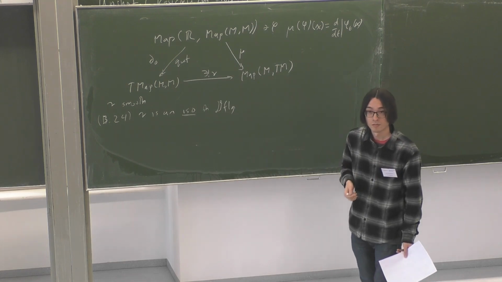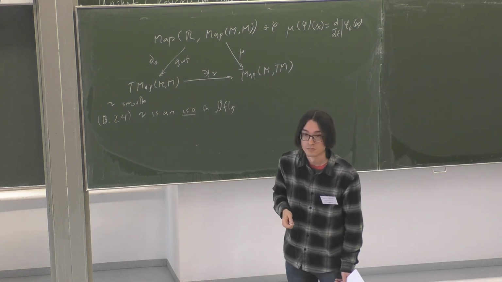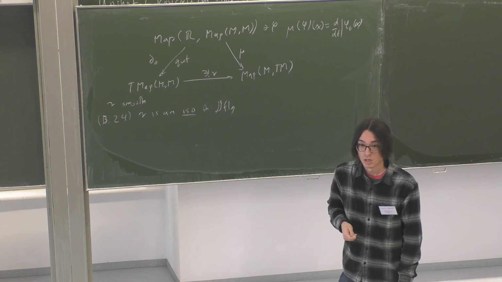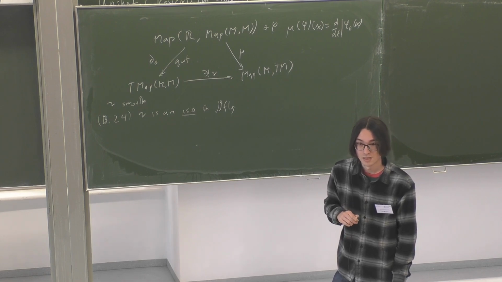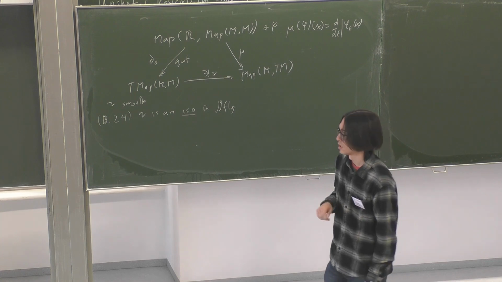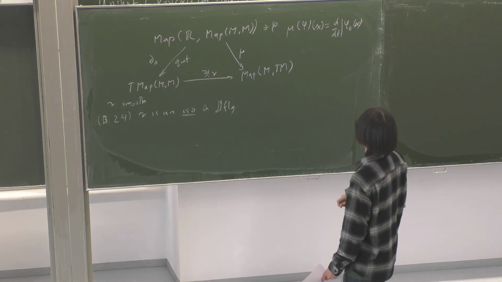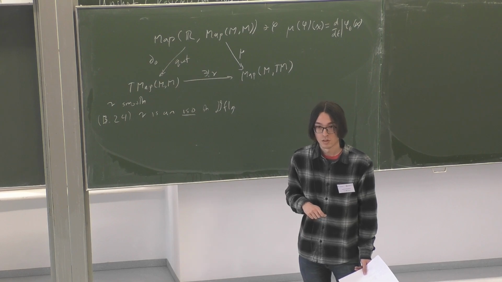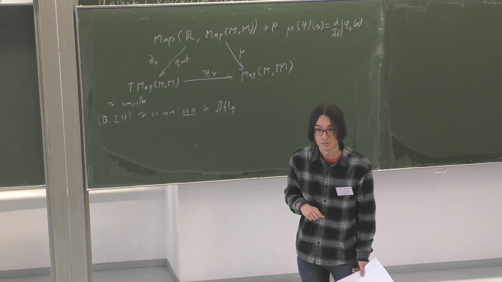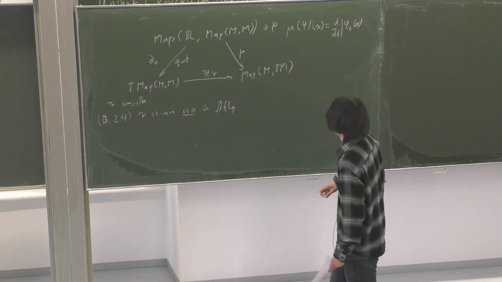What is, in this category, an isomorphism? I mean, just preserving the actions, but you have in mind some example. Any diffeomorphism of manifolds is an isomorphism? Well, but you just said we shouldn't think of these objects as manifolds, so... Yeah.